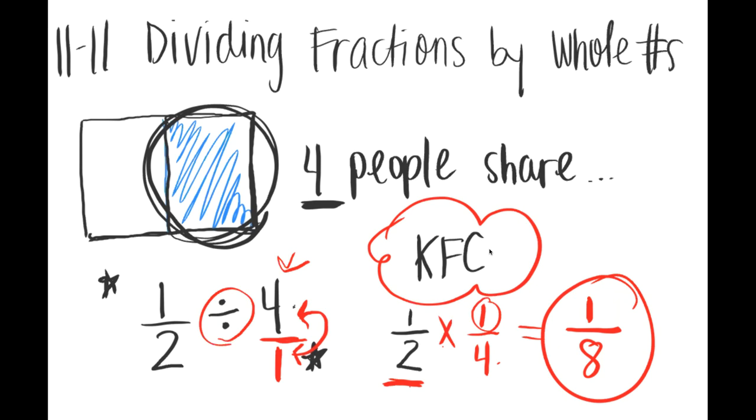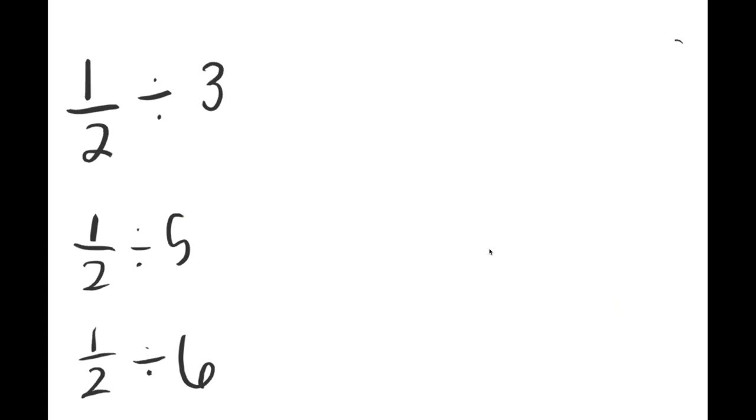Okay, let's do some more. So we're going to use that same half fraction, and we're going to solve by 3, by 5, and by 6. So again, don't forget your KFC. We're going to keep the first term here. So it's going to be half.